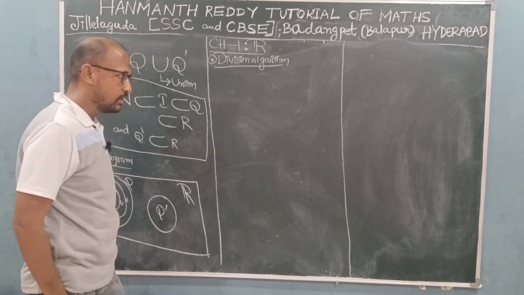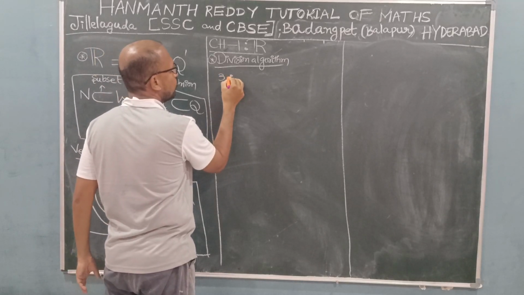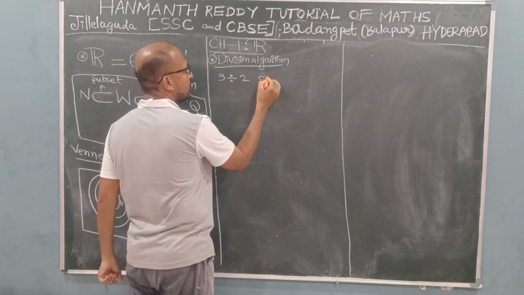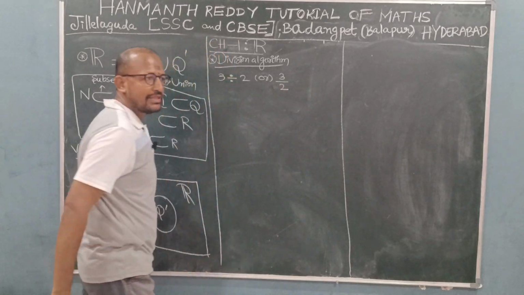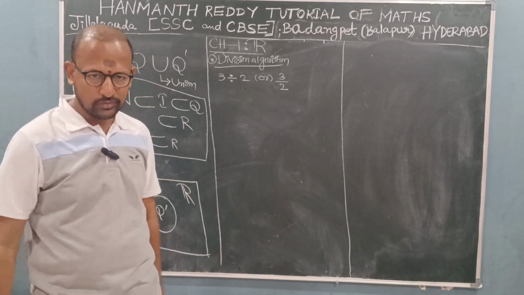Let us take 3 divided by 2. That is nothing but 3 is divided by 2.